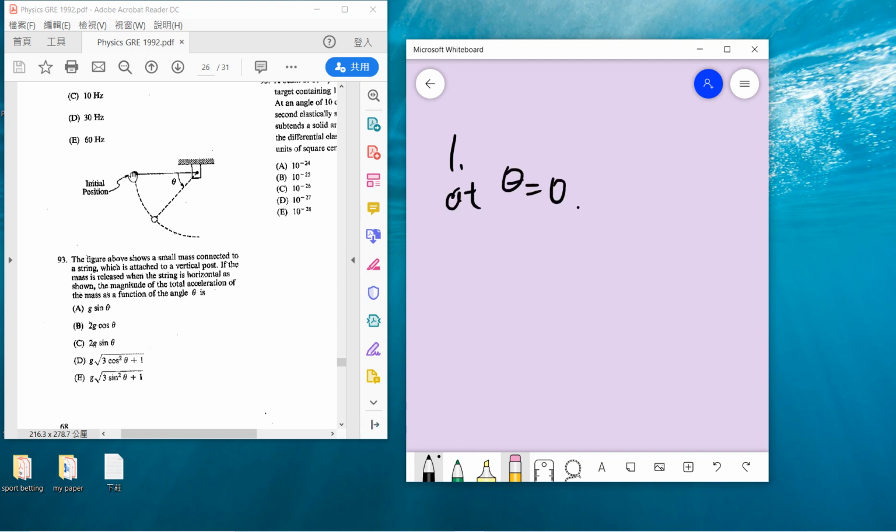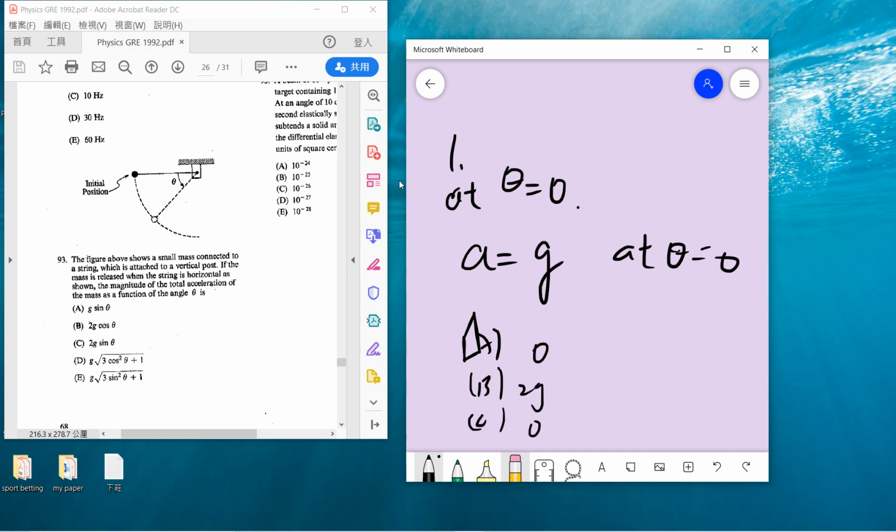All we have is the gravitational acceleration, so the total should be g. So the answer is E. Okay, so done. We get the answer.